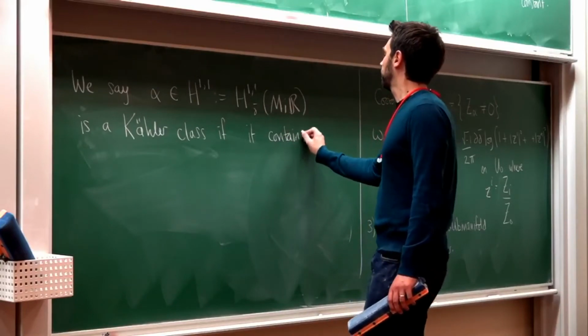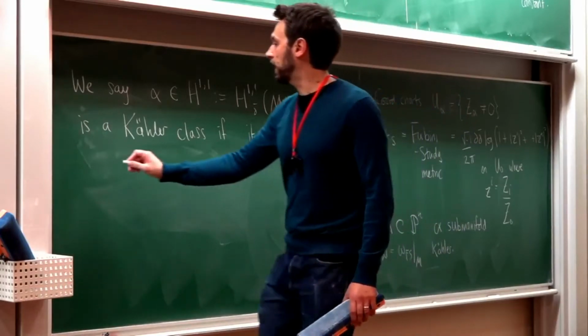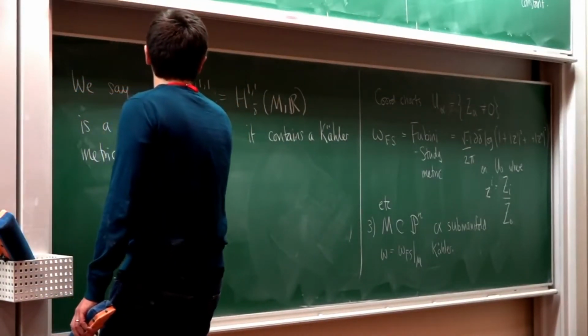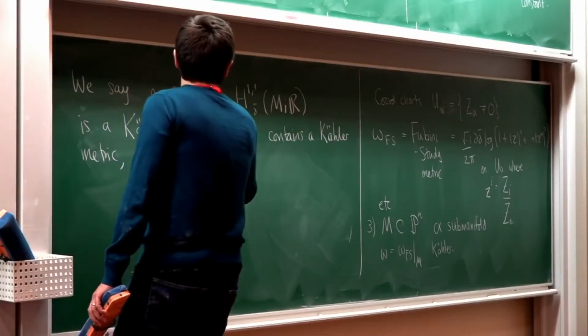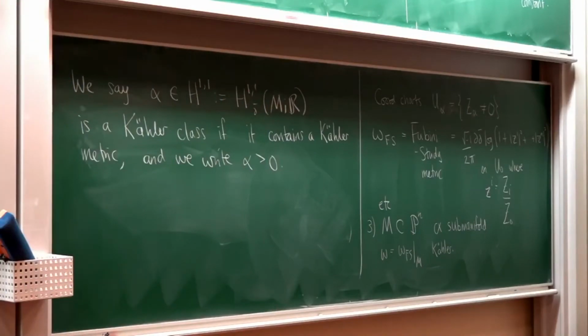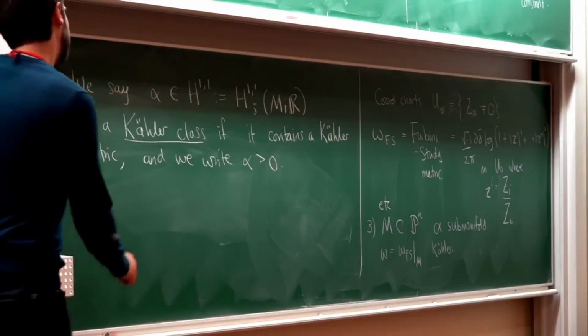That's a pretty obvious definition. And we write, I'm just going to write alpha is positive. So when I write alpha positive, that means that it's a Kähler class.